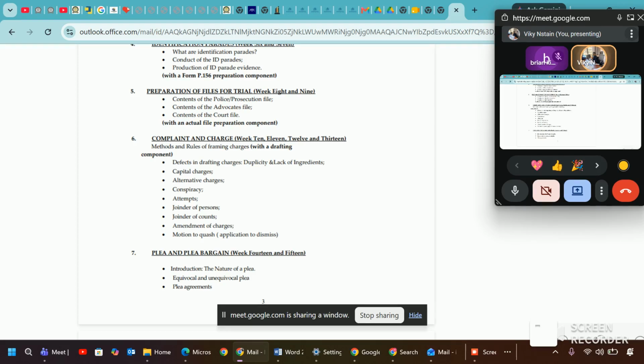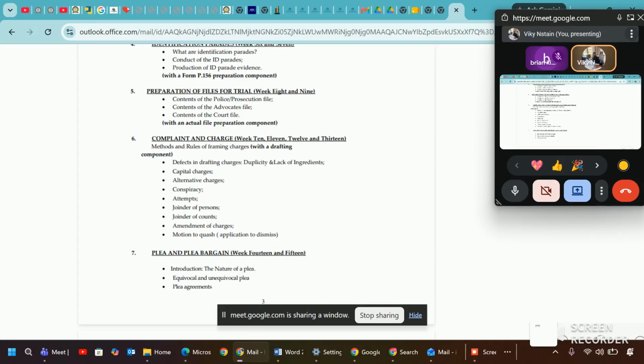Charges and informations are framed per the Criminal Procedure Code drafting rules, pursuant to section 137 of the Criminal Procedure Code. So if you allow me, we will read verbatim the various rules that exist for the framing of charges and informations. Section 137 of the CPC.